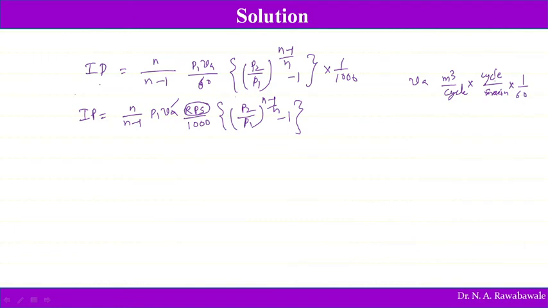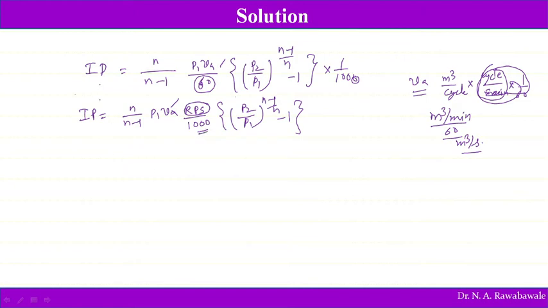So here already this VA is in meter cube per minute. If we divide it by 60, it will be in meter cube per second. So therefore cycles per minute or cycles per second is not required. Directly it is in meter cube per minute. So this is divided by 60 and RPS is absent here. And divided by 1000, already here divided by 1000.